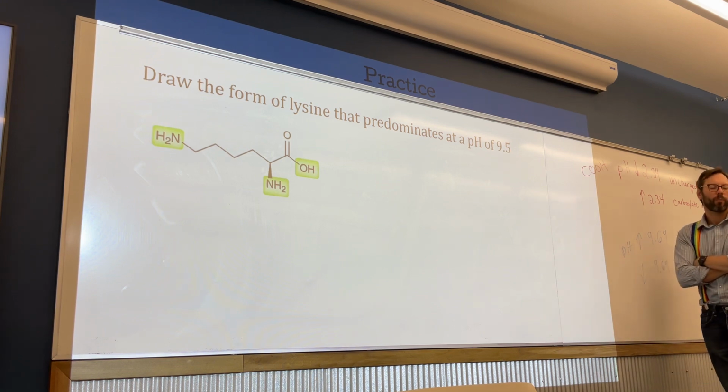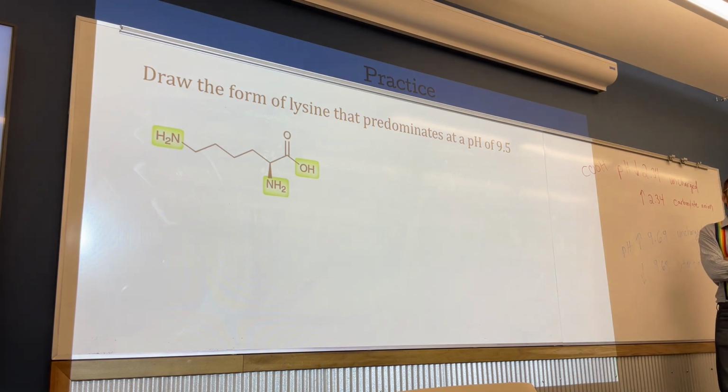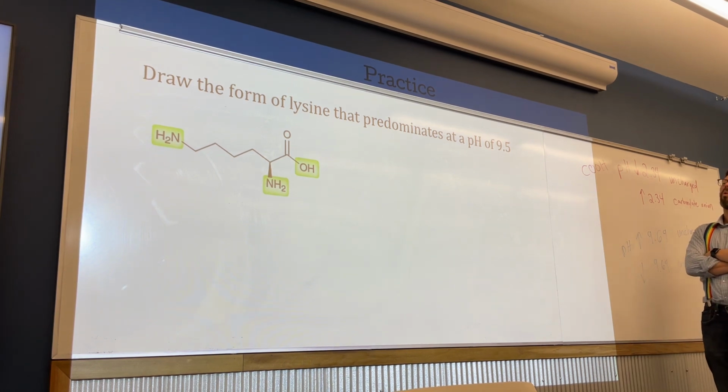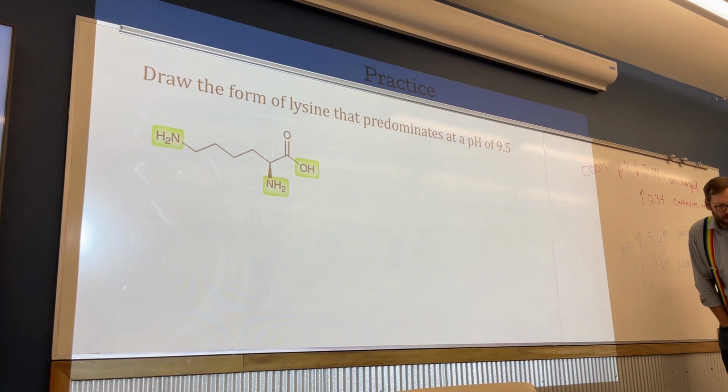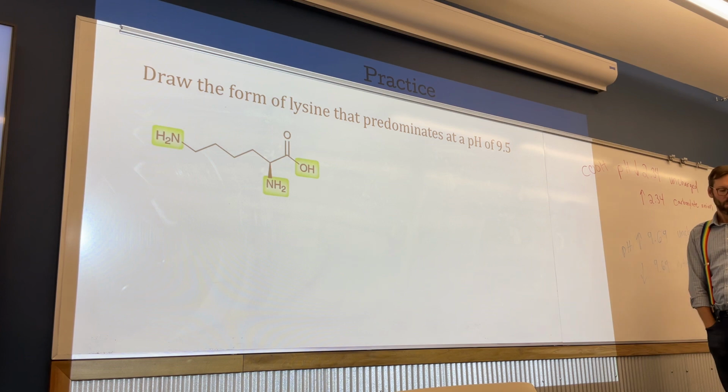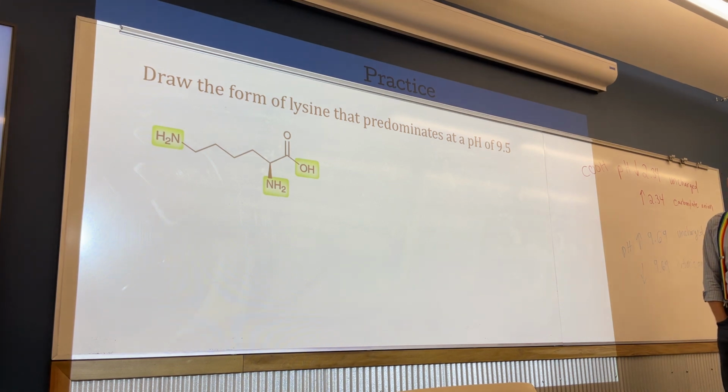Okay, so let's do a little practice here. This is lysine. What form is going to predominate at a pH of 9.5? So you want to get out your charts here and figure out what to do with this one.